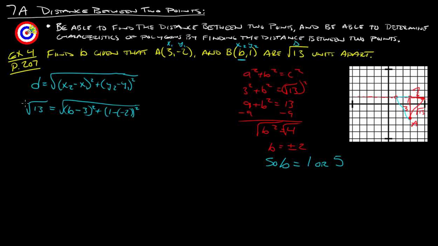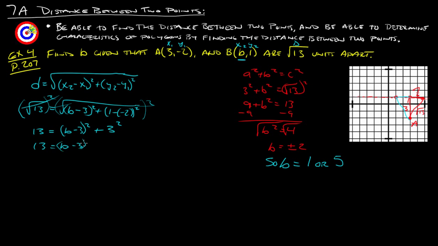Let's do this just to make our life easy right off the bat. If we square both sides, we get rid of the roots. Those roots go away, so we just end up with 13 equals (b minus 3) squared plus (1 minus negative 2, which is 1 plus 2, which is 3) squared.